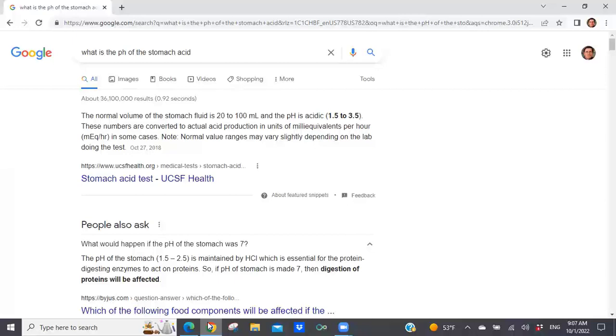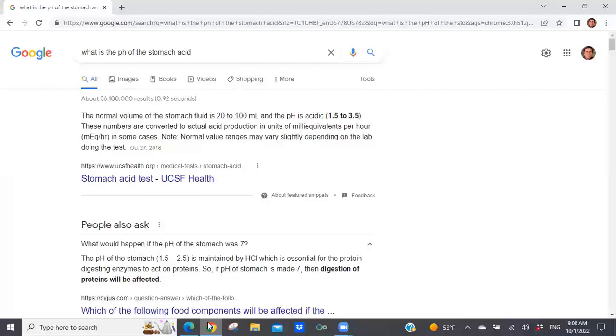Which means that as older adults, as the pH of our stomach increases and it becomes less acidic, it becomes harder for us to break down proteins, especially proteins that we're eating, especially meat proteins.